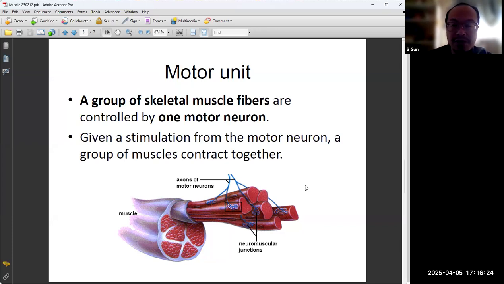Basically, our nerve can control our muscle. And in our body, a single motor neuron, or single nerve, can innervate more than one muscle fiber. And so when you have a signal from your brain, it will be sent to the spinal cord.